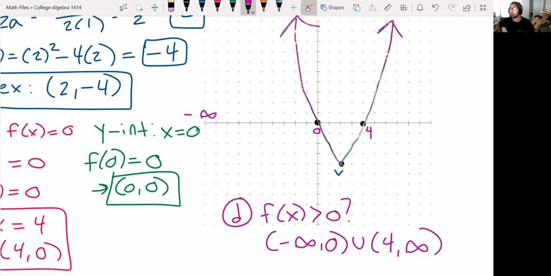to infinity. Now notice the difference with this answer from the last answer. There's no brackets. And that all depends on the inequality, right? Greater than or less than, get parentheses. Greater than or equal to, less than or equal to, get brackets.